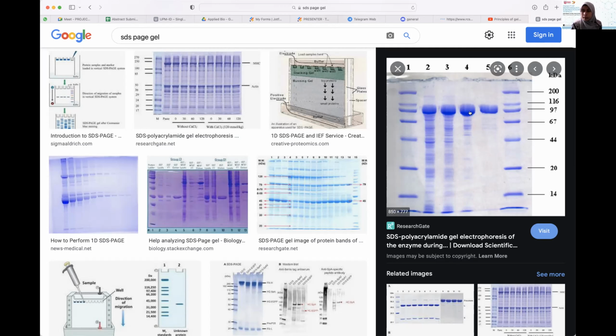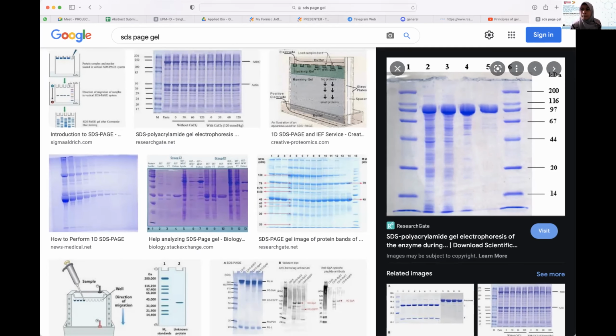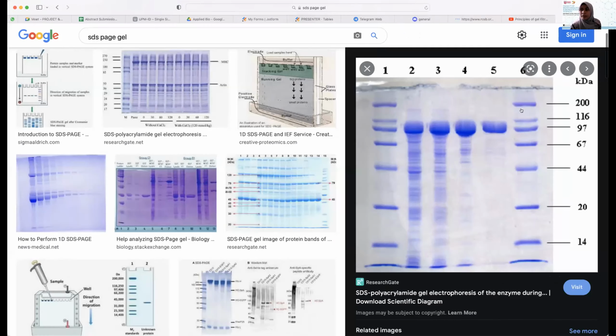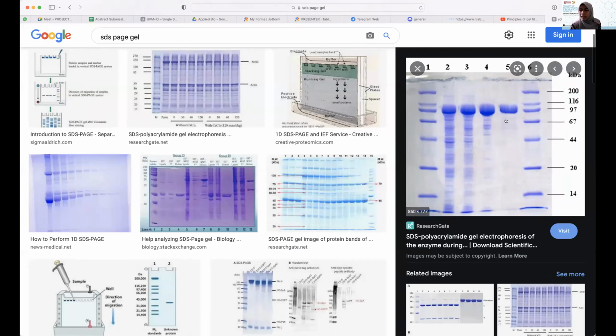And then this one, the fourth lane, the fourth well, we can see the other impurities also being removed. When we look at the fifth well, it looks much better because the other impurities have been removed.